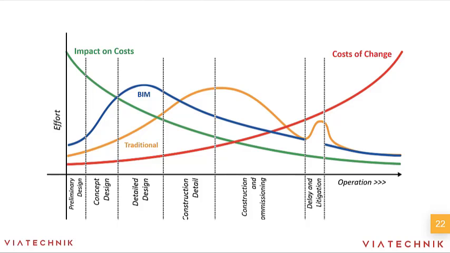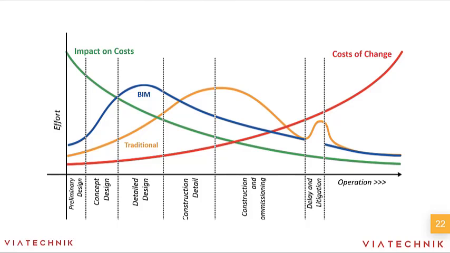As we can see on this graph here, BIM allows us to spend more time on the critical front end and the design challenges, ensuring that we have made the best design decisions early on in the design process, instead of spending more time on documentation and trying to fix those issues later on.